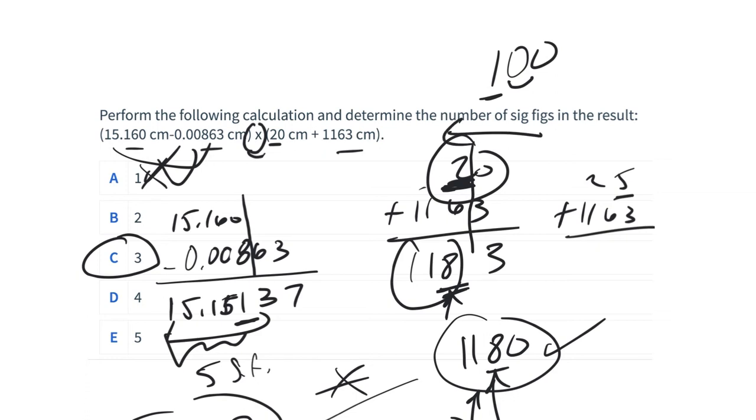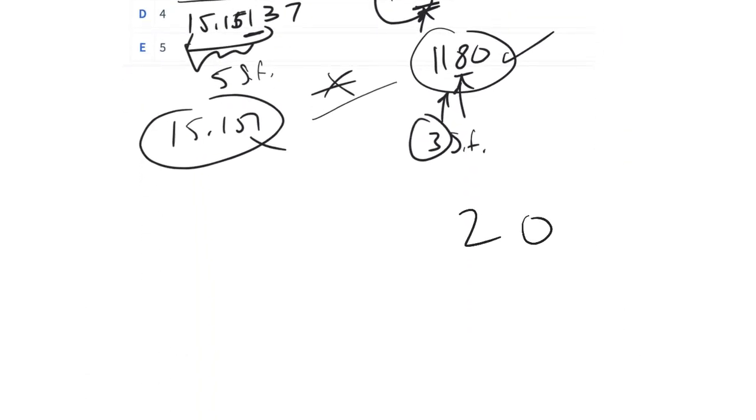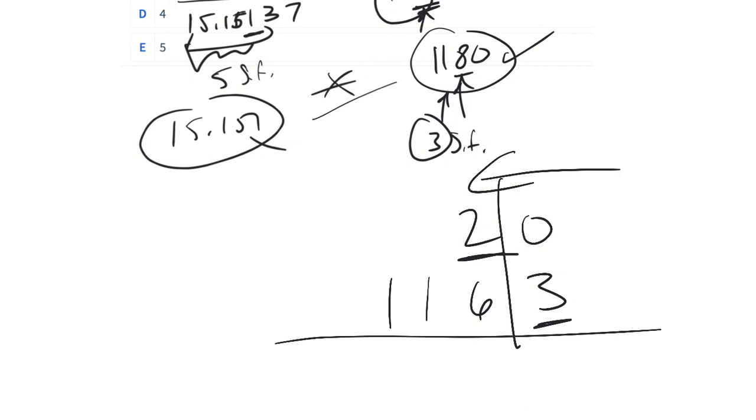So the greater value of the last significant placeholder, which is the tens placeholder in 20. So you're just looking at a number. So if you have 20, 1163, again, you're just underlining the last digit of significance and then rounding to the placeholder that's greater in value. And so hence, 1180 is how we would report that result if we were just reporting the result of that second addition step.